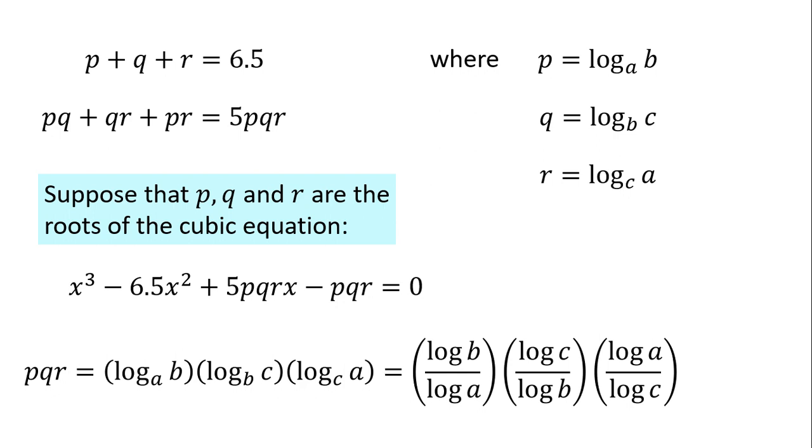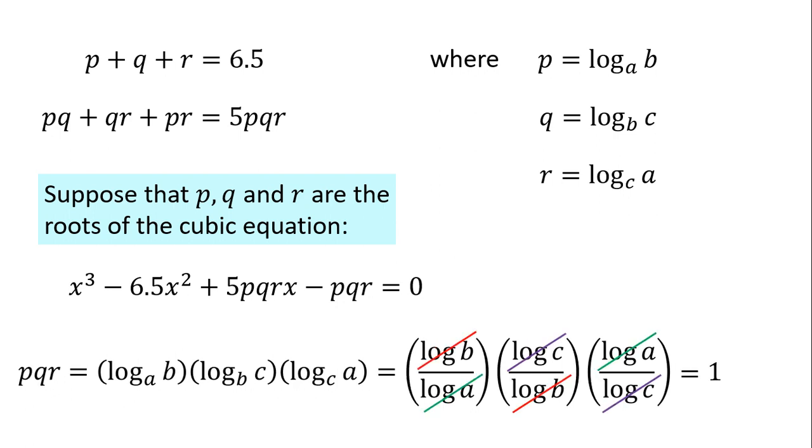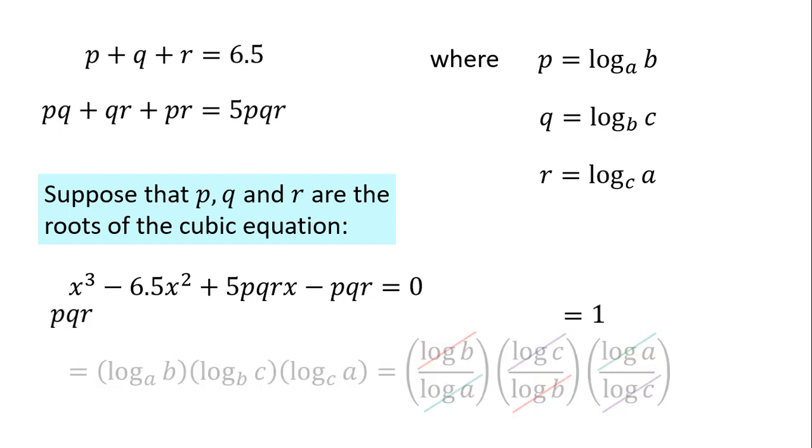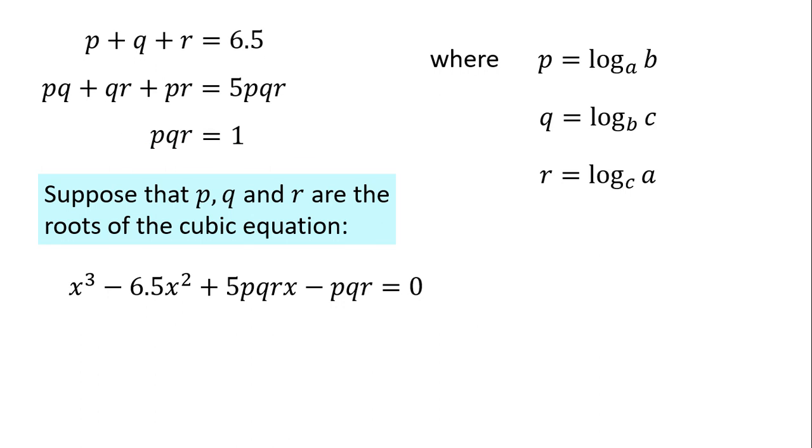And by applying again the change of base formula, we will have log of b divided by log of a times log of c divided by log of b times log of a divided by log of c. And notice that we can actually cancel all of them to get PQR equals 1. So now we can substitute PQR equals 1 in the cubic equation.